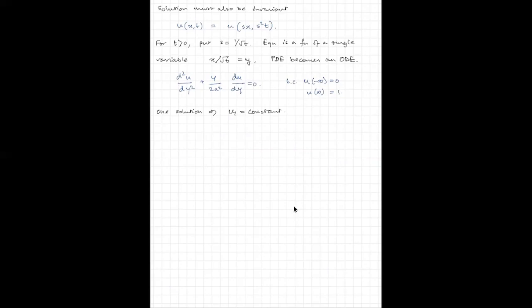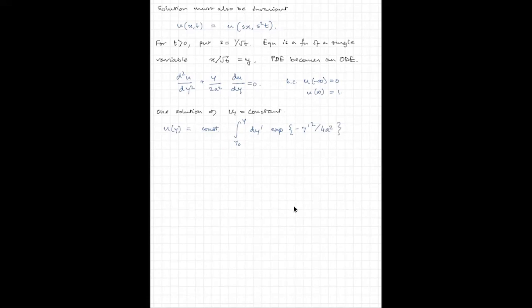The other solution is u of y equal to a constant times the integral from y0 to y of dy prime, exponential of minus y prime squared by 4a squared.